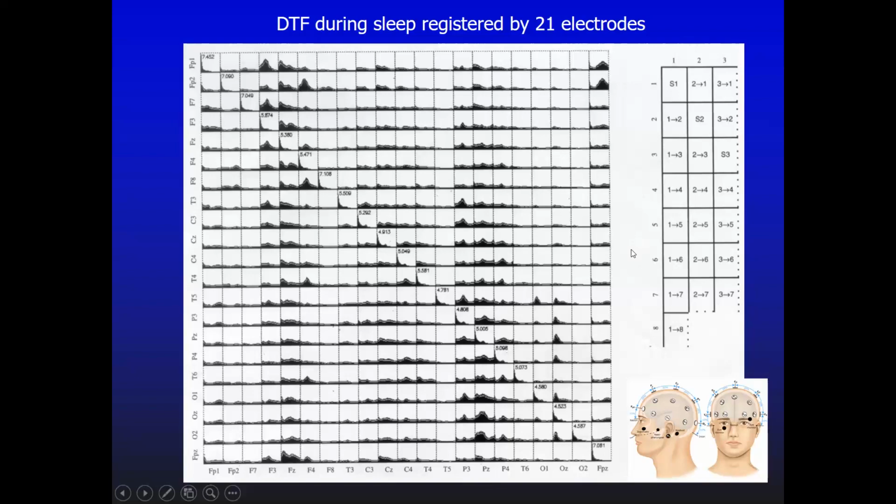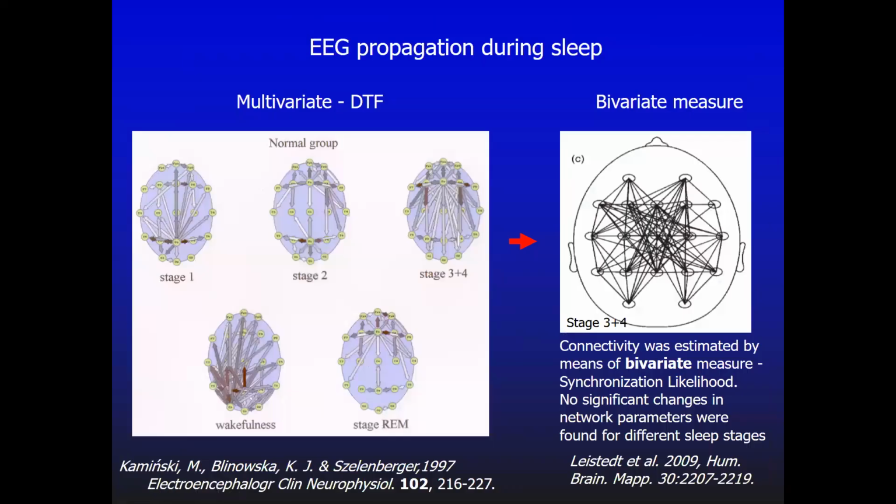And now we can illustrate the results of this experiment by means of arrows. And then for wakefulness, the propagation is from the back of the head. It is known from Hans Berger's time that the main sources of the activity during eyes-closed wakefulness are at the back of the head.